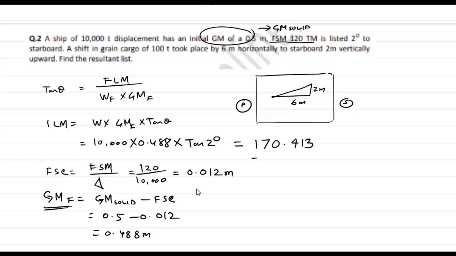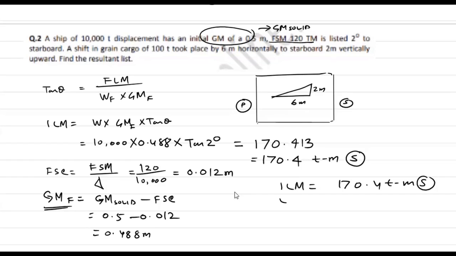Just round off to 170.4. That is 10 meter towards starboard. So let's write here: initial list moment is 170.4 ton-meter towards starboard.